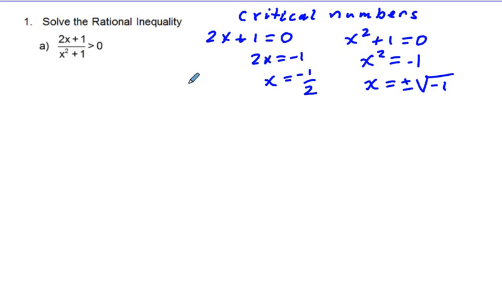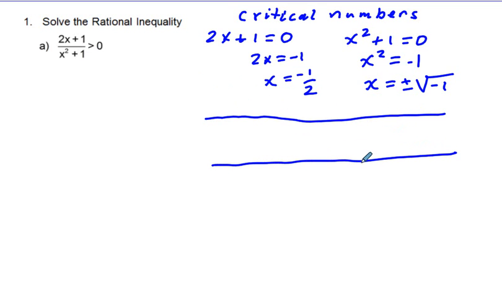And now we're going to put together our critical numbers in the numerator and denominator in this fashion. What we do is we fashion a set of number lines, and the number line above we use for analyzing the numerator, in this case 2x plus 1, and we look along that line for the critical number and mark negative 1/2 below, and above we put what the value is going to be, which is 0.